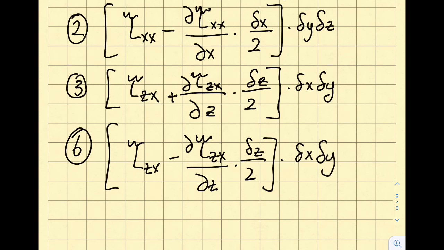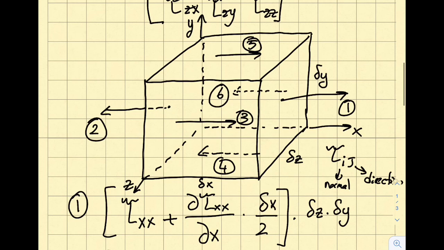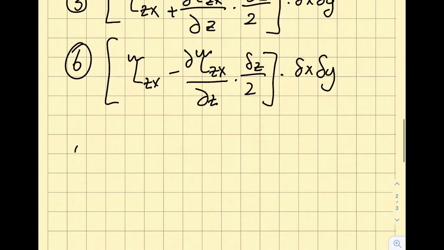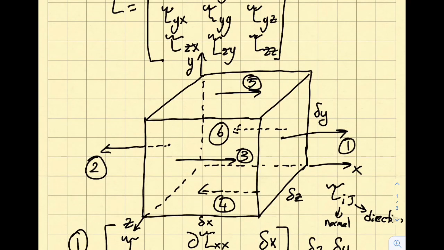Okay, so the last one I have left, let's take a look at my figure. I defined it as 5, so at the very top surface it's going to be 5. In 5, what I'm going to obtain is tau yx. If you scroll up, you will see that the normal to the surface that this shear stress is on is y, right?